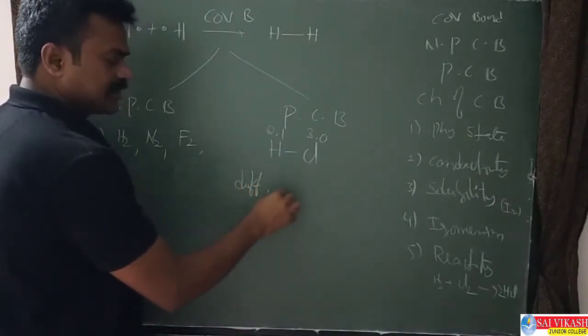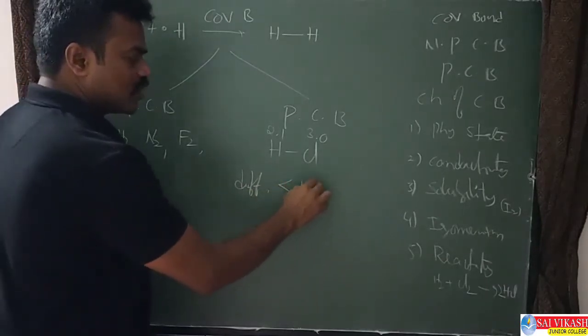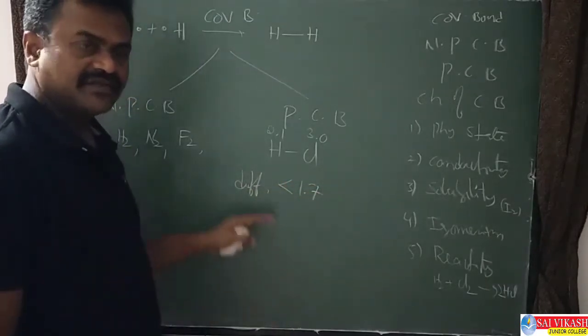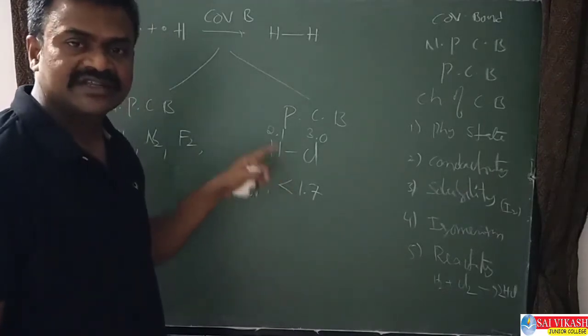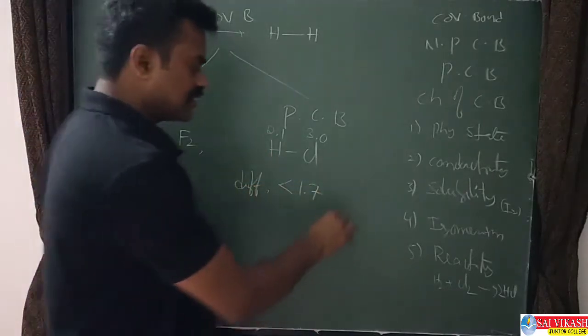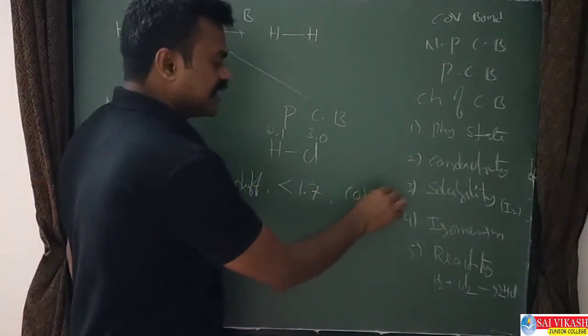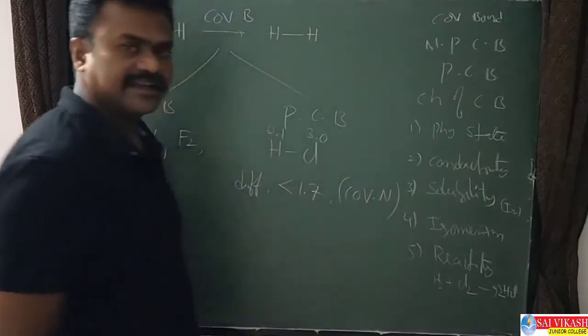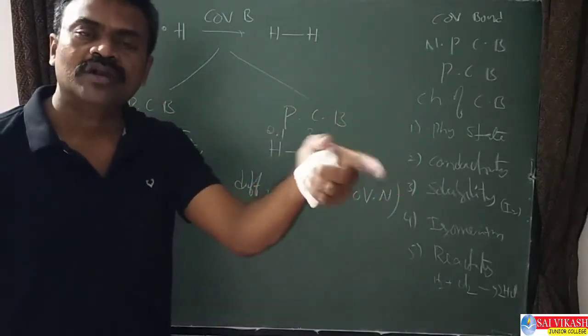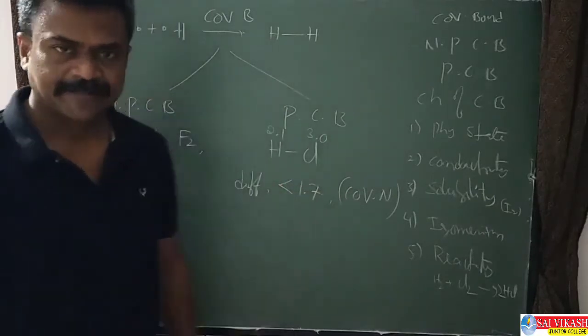If the difference in electronegativity is less than 1.7, then covalent nature is dominating. Covalent nature is more, ionic nature is less.